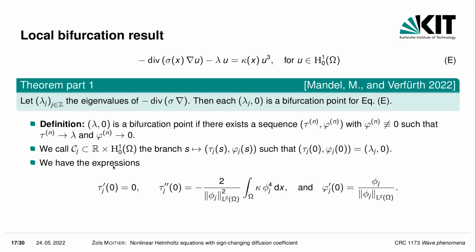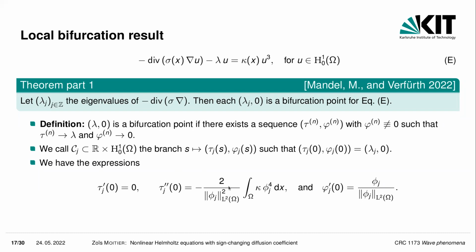Okay. And we also have some Taylor expansion at these bifurcation points. This can easily be done with perturbative methods, and we see that the Taylor expansion depends on the eigenvectors associated to the eigenvalues. We see, for example, that the first derivative is always 0, and the second derivative will basically depend on the sign of kappa.